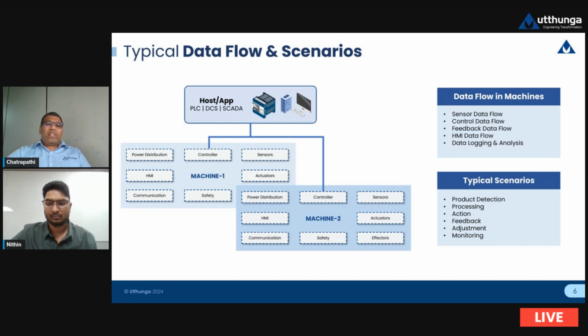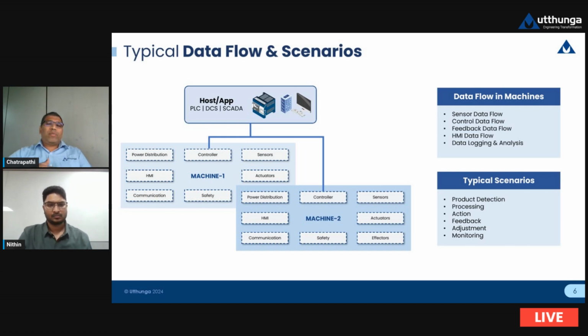Based on that data, performance optimizations can be done, or predictive maintenance related analysis, and so on. So all of this is happening within a machine.